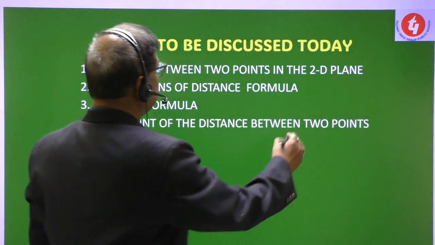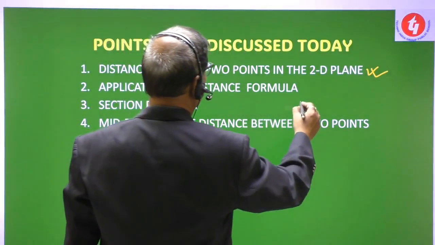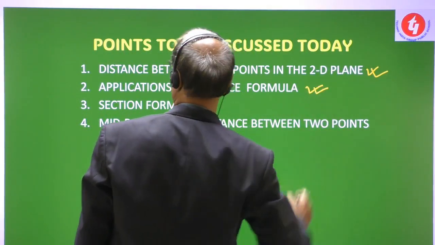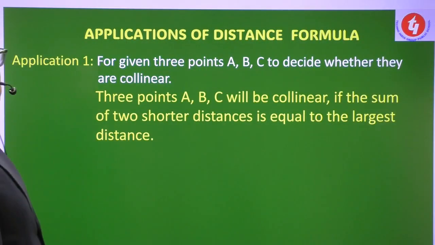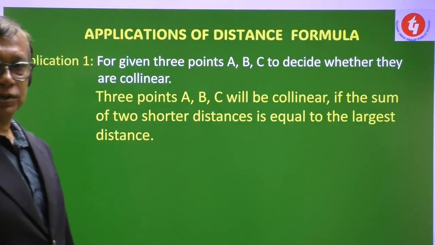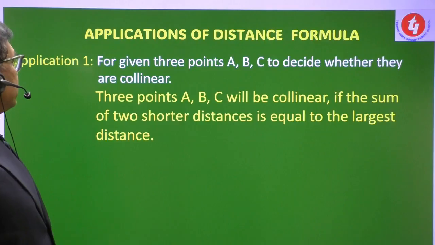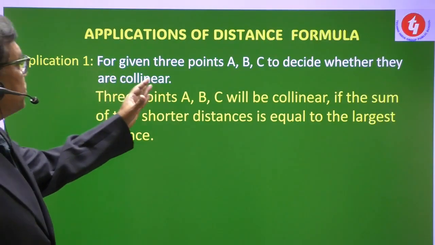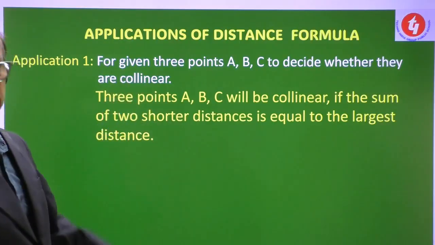So I have completed the first point. Now I am going to discuss applications of distance formula. Second point. Here many applications. Application 1, for given 3 points A, B, C, to decide whether they are collinear.